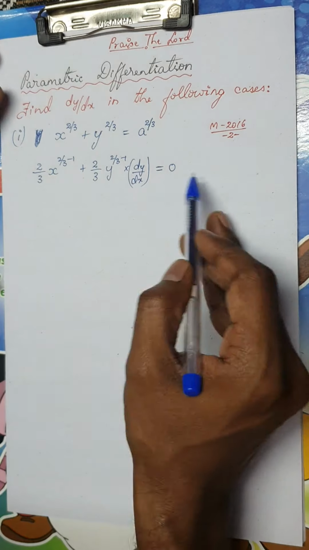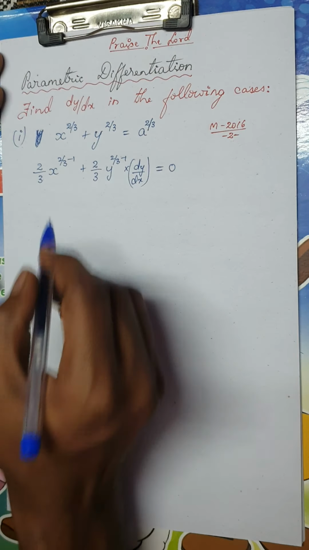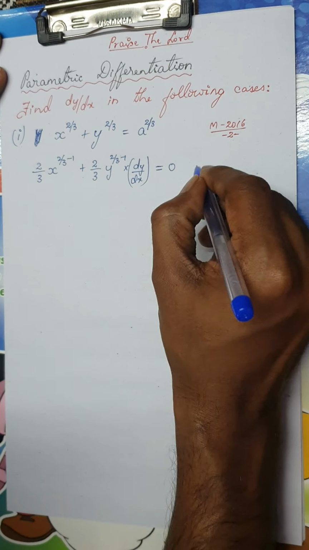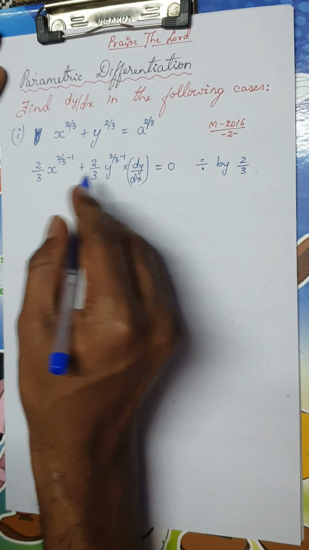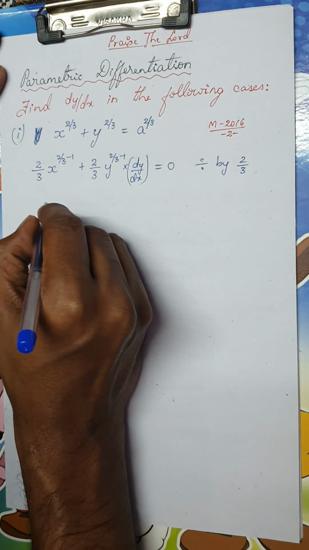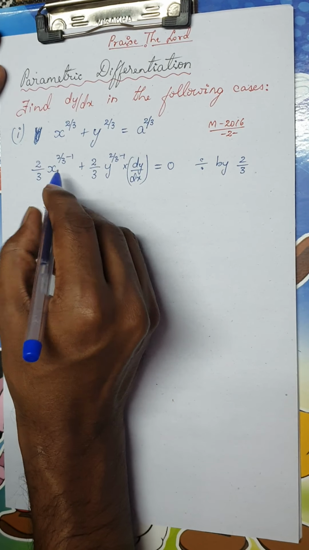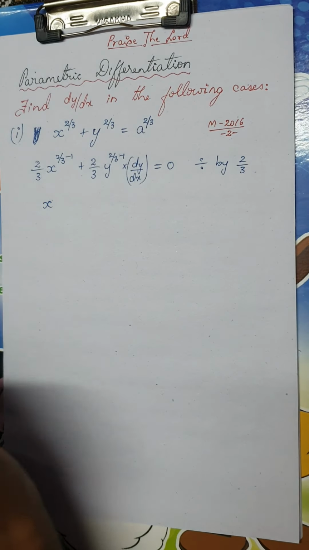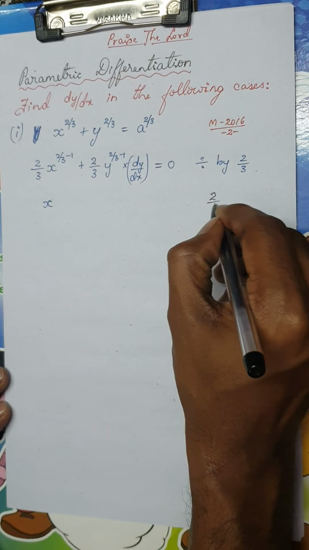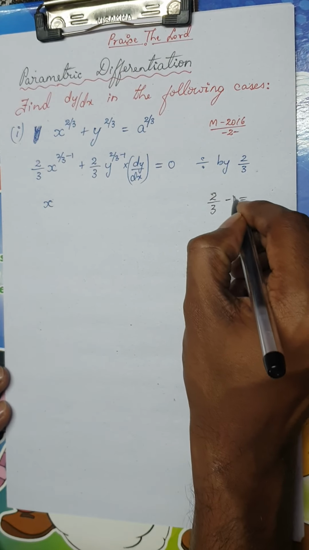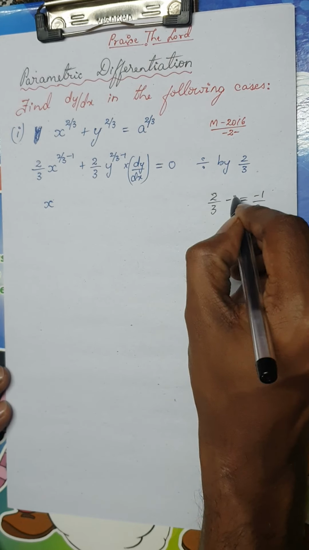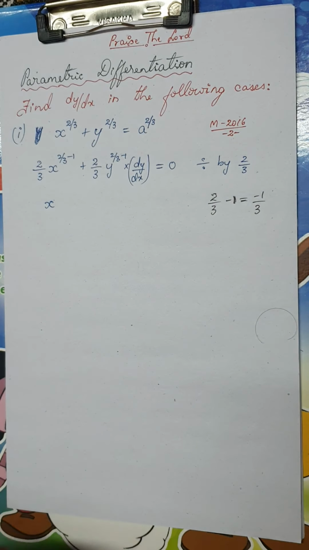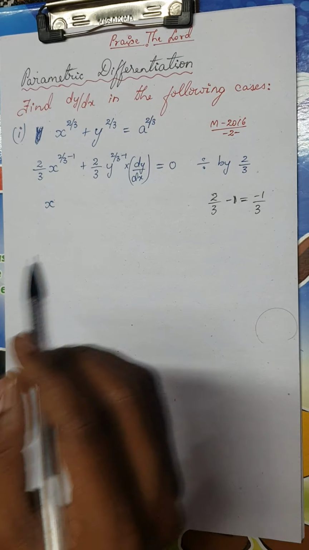Now divide the equation throughout by 2 by 3, and this term will be cancelled. So I am just left with x power 2 by 3 minus 1. 2 by 3 minus 1, if you take the LCM, will be minus 1 by 3.